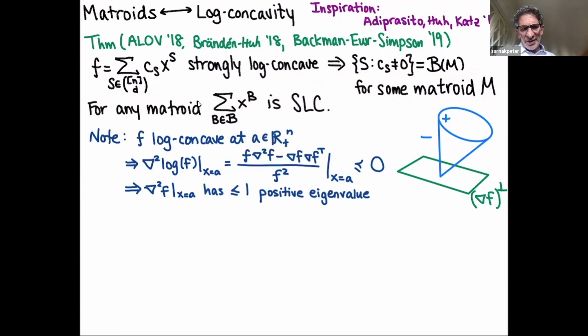So I'm mixing up stable polynomial and hyperbolic. That seems to be a more complex notion, given this beautiful theorem of yours. Yeah, I think it's more difficult to test.